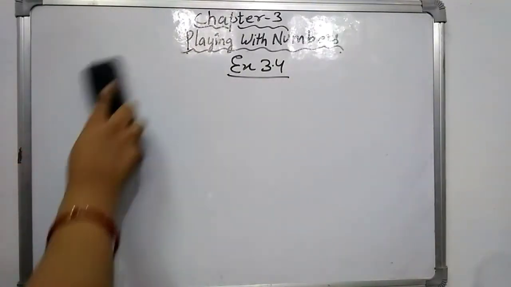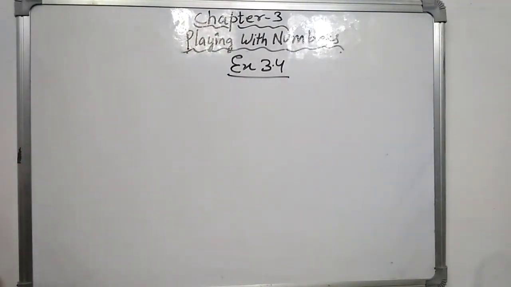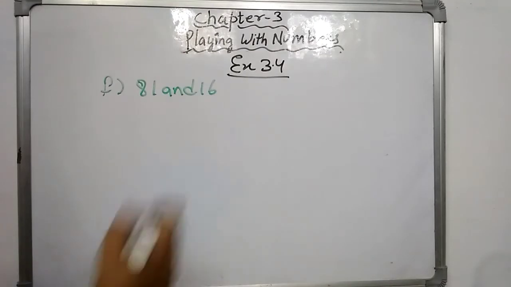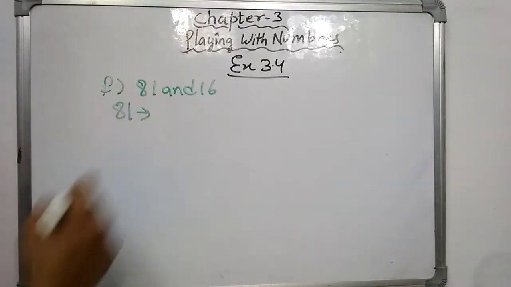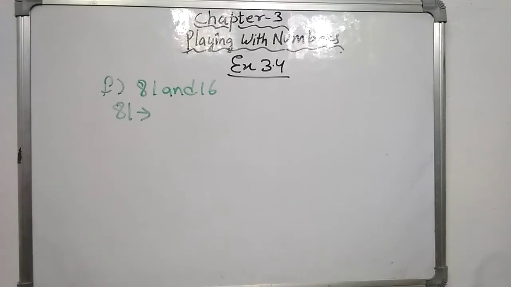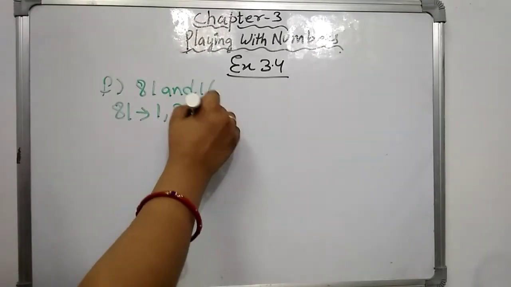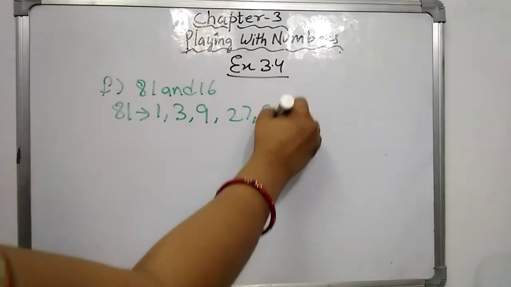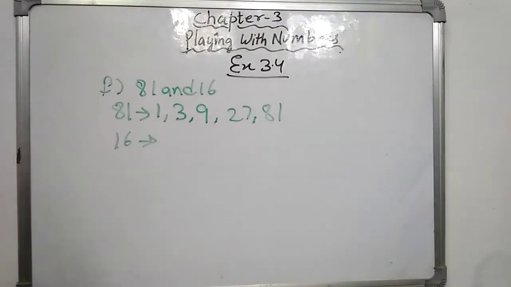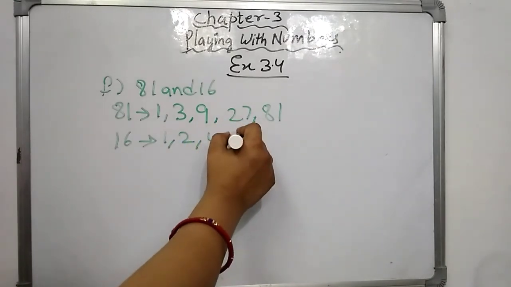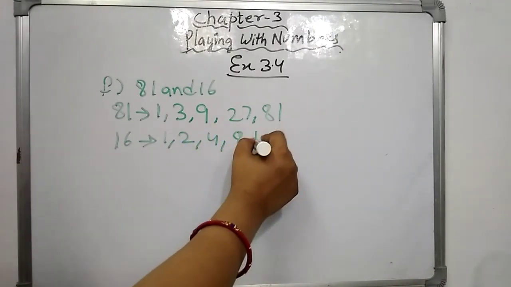Next and the last part of this question: 81 and 16. So what we will do? We'll write down factors of 81. Factors of 81 are 1, 3, 9, 27 and 81. Now factors of 16: 1, 2, 4, 8 and 16.